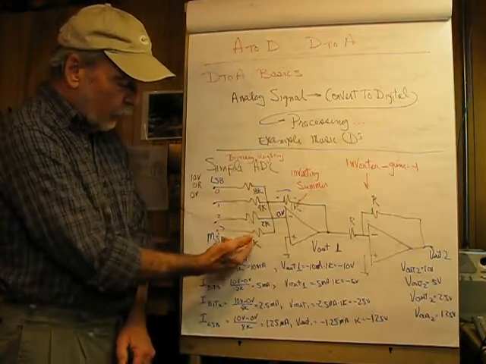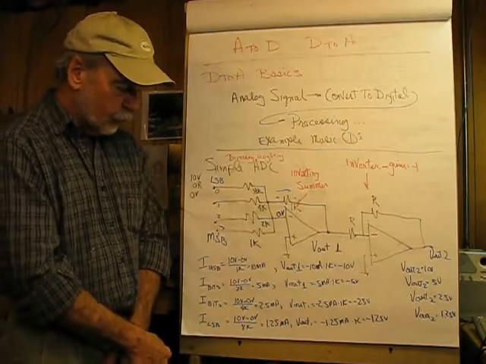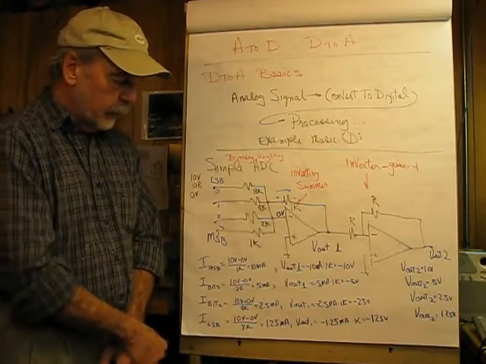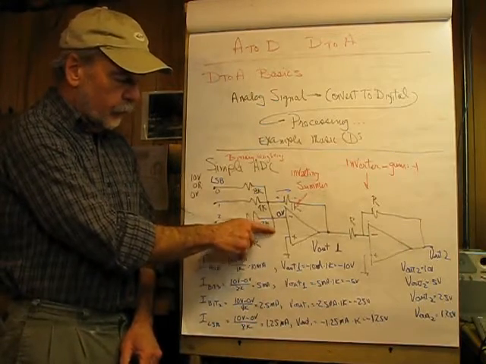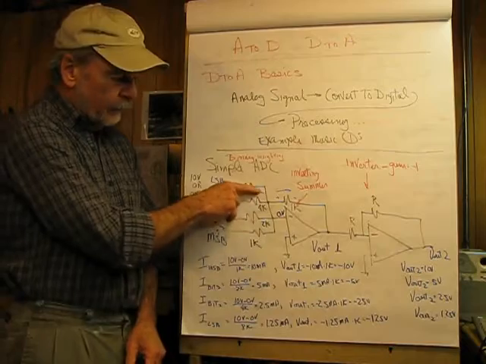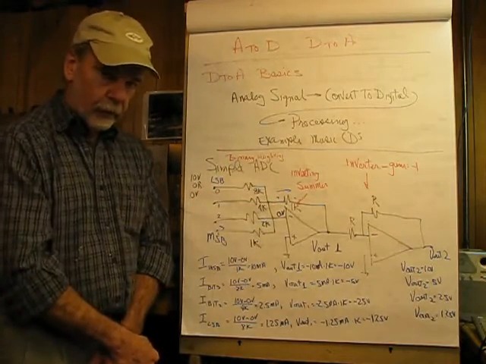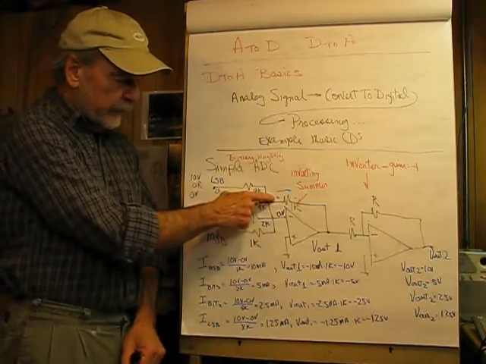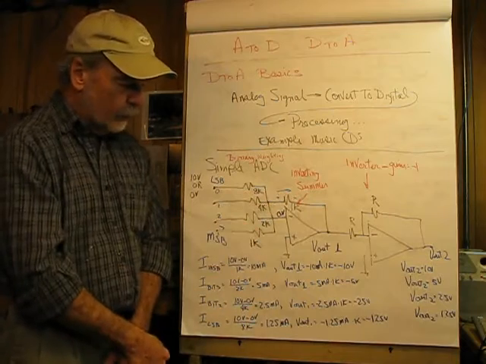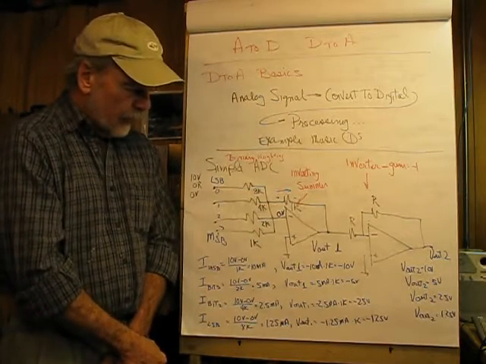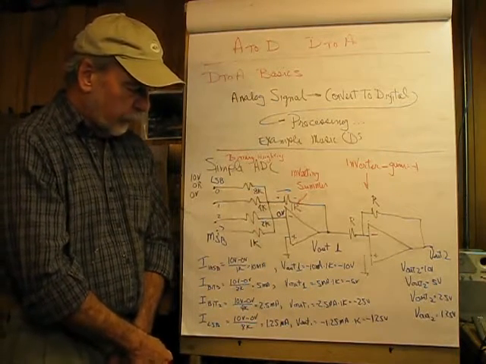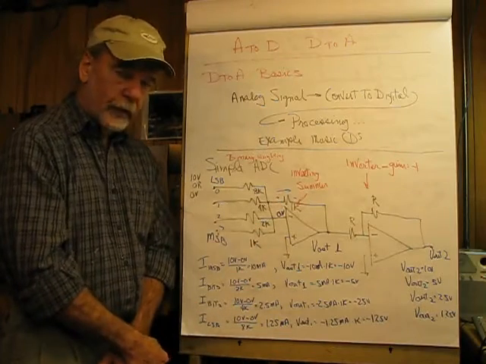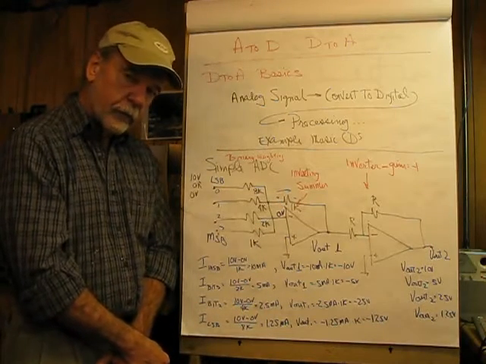We divide it by the weight of the resistor, which is 1K. We have 10 milliamperes flowing into this node, and that flows through the output resistor, also 1K. So we have 10 milliamps flowing through 1K, which produces a 10 volt drop across that resistor.